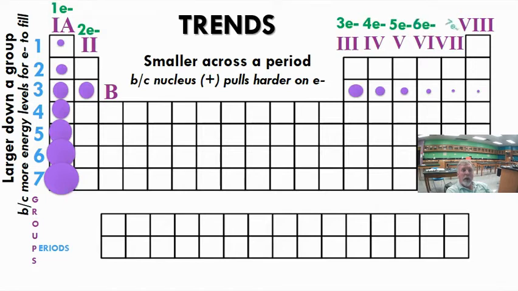But if we look at the A part, you see at the top of the screen there, the 1E, the 2E, the 3E, those are all showing at the top of each group. That tells you how many valence electrons each group has. And this is real easy. The group number is the same as the number of valence electrons. One of the niceties of how we've chosen to create and lay out our periodic table.